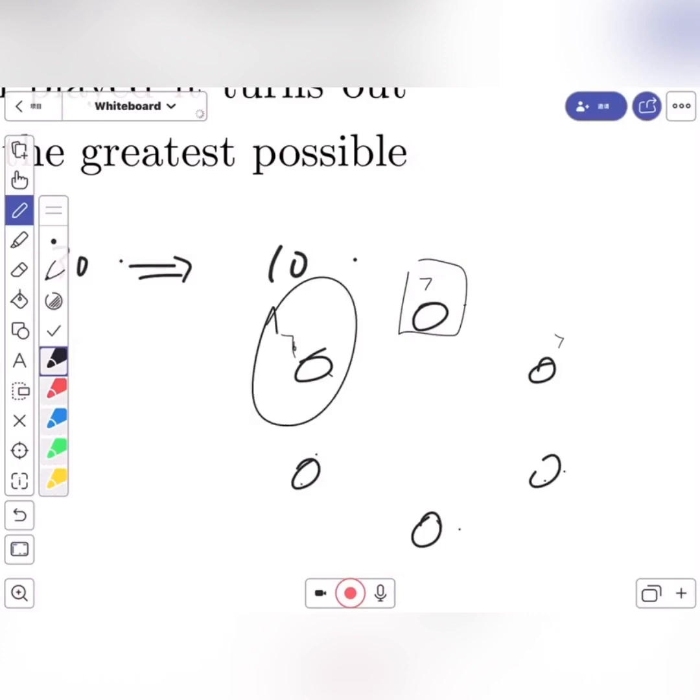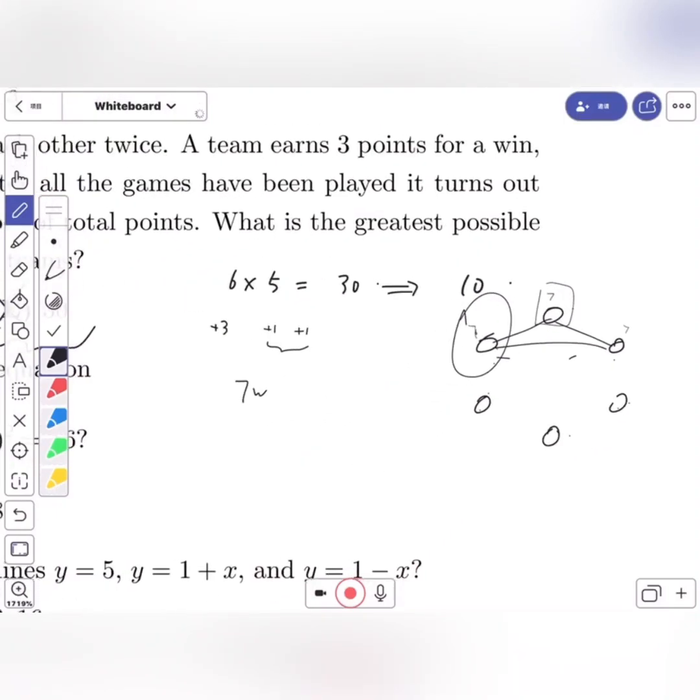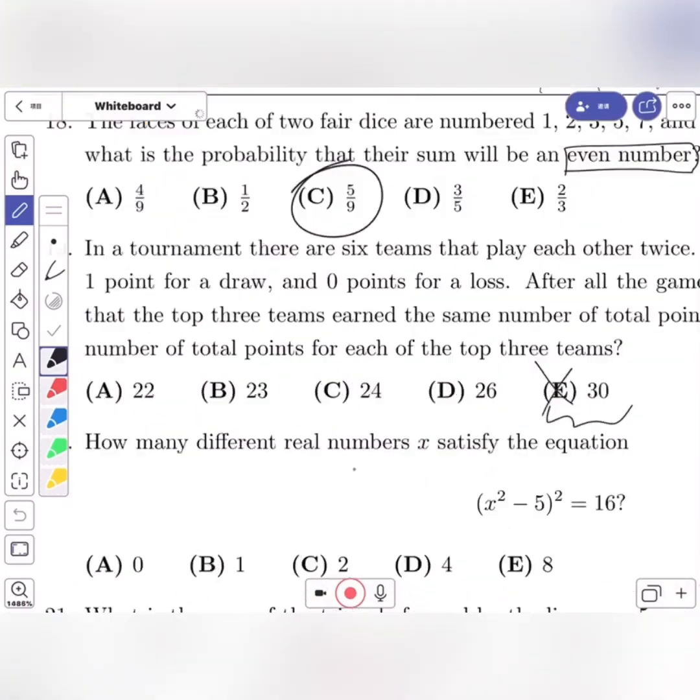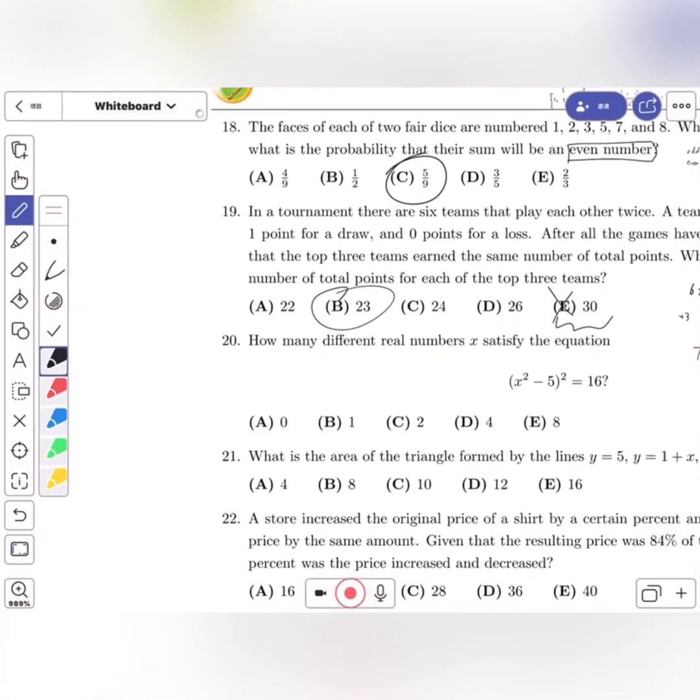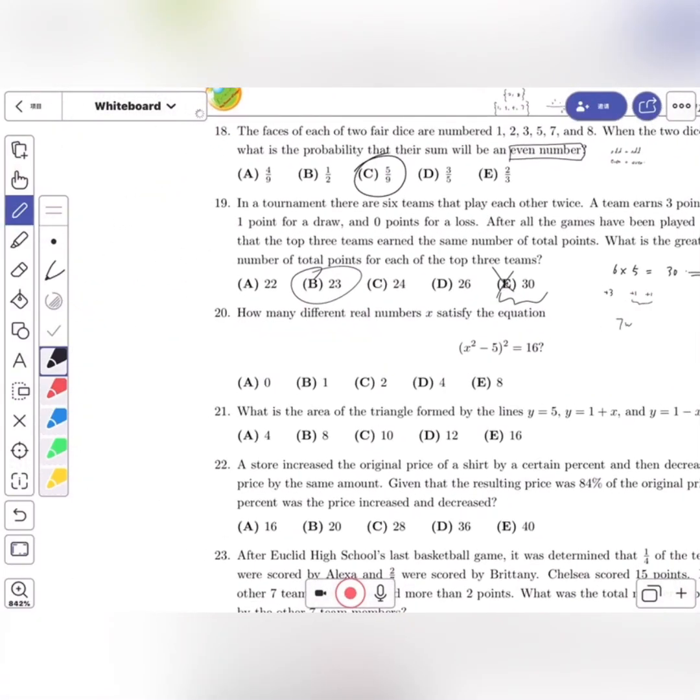So he must have some kind of draw between these two. So each one would have 2 draws against all of the others. So 23 would just be the only possible construction. And this gives us our maximum of 23 points.